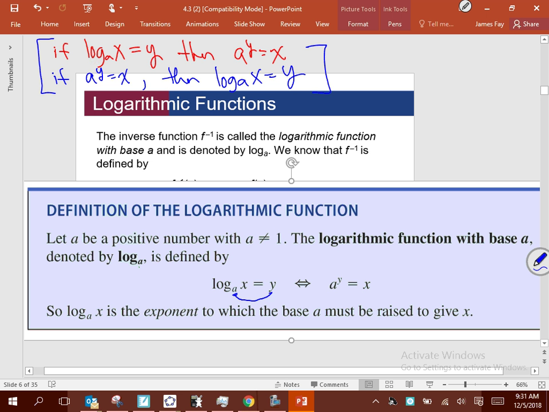A raised to an exponent comes back and gives me that x. So I'm asking what exponent, over here it's the y, do I raise my base to so that it gives me x? So that answer, what y is, it's an exponent. Is that okay with everybody?